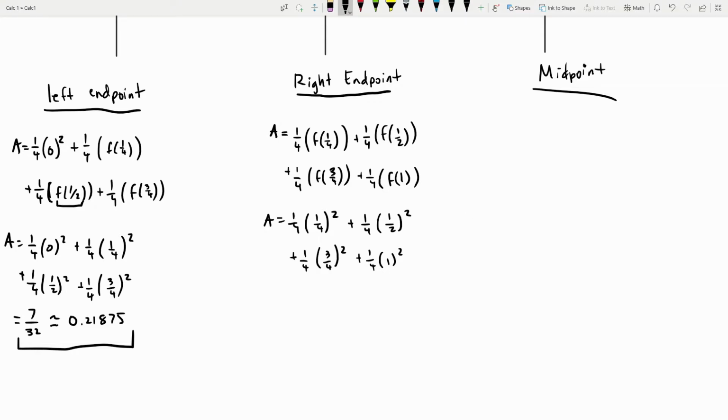And if we compute this area, it will be roughly 15 over 32, which is roughly 0.46875. Now, as you can see, we've gotten a much larger area, almost double the area of what we got using the left endpoint method.